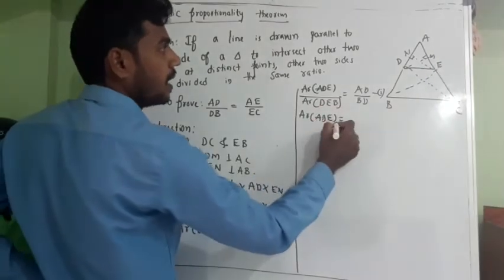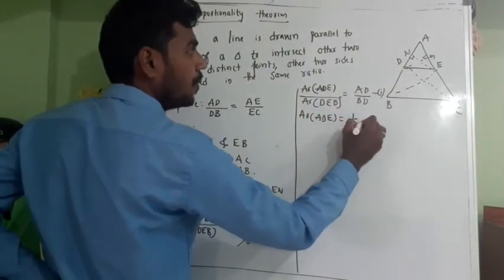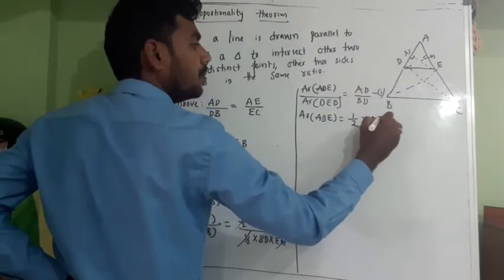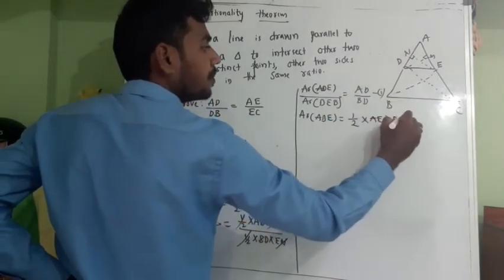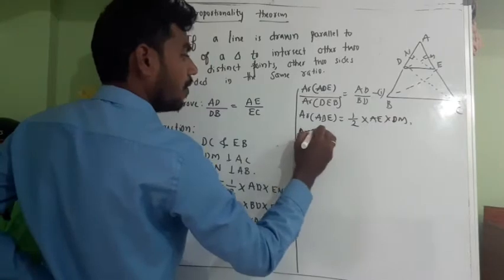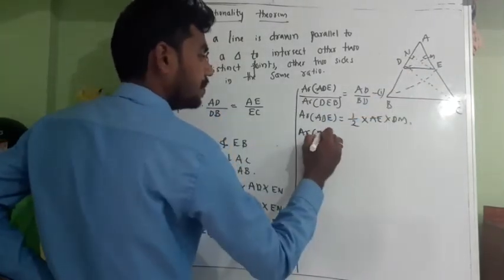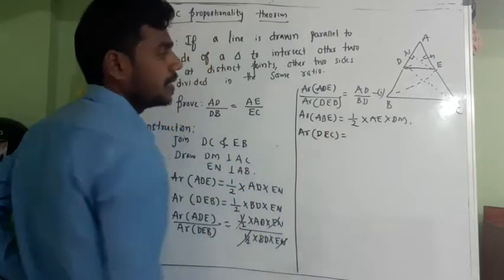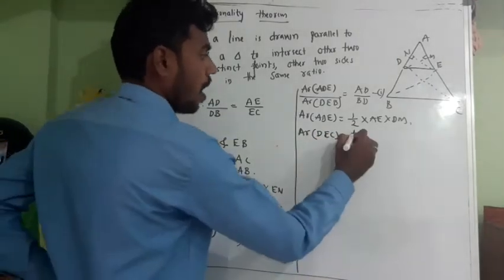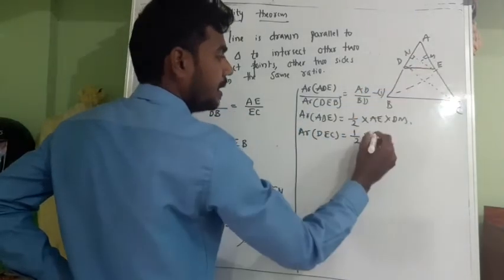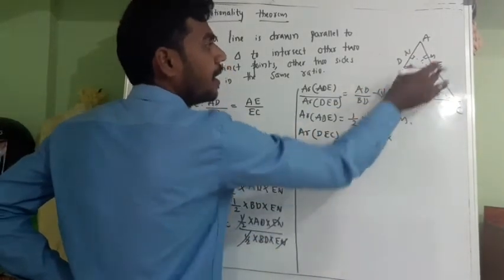So area of triangle ADE is equal to half into AE into DM. Area of triangle DEC is equal to half into EC as the base, and the height will remain the same, that is DM.